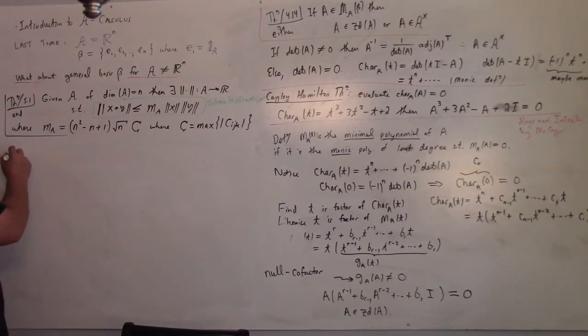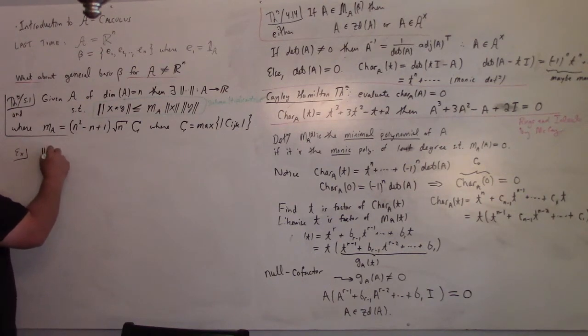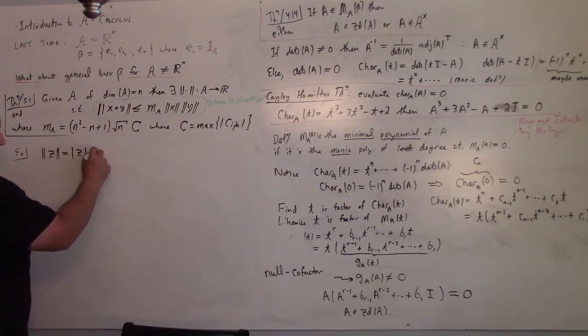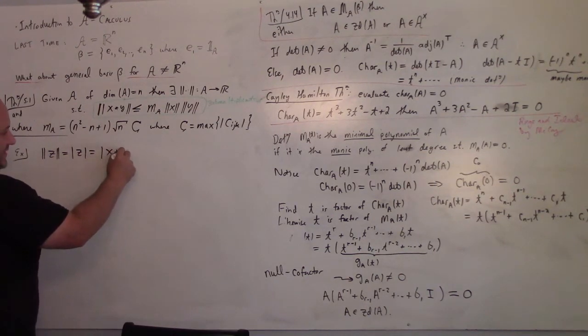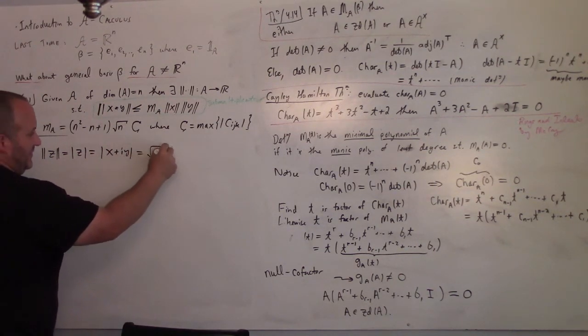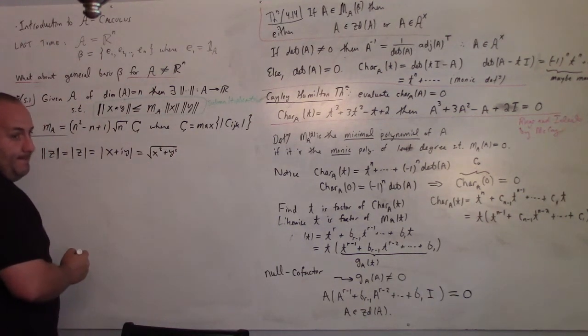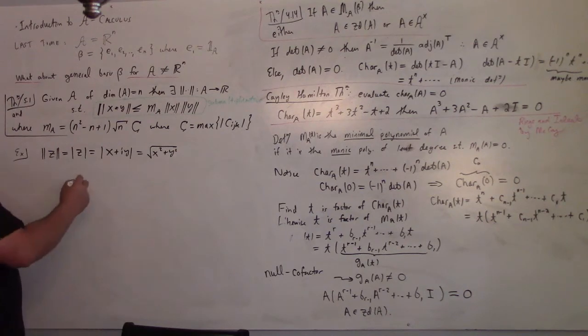So here's an example that's really not an example of this so much as it is something else. For complex numbers, the norm of a complex number, I usually just write as the modulus. The modulus of x plus iy is the square root of x squared plus y squared, right?